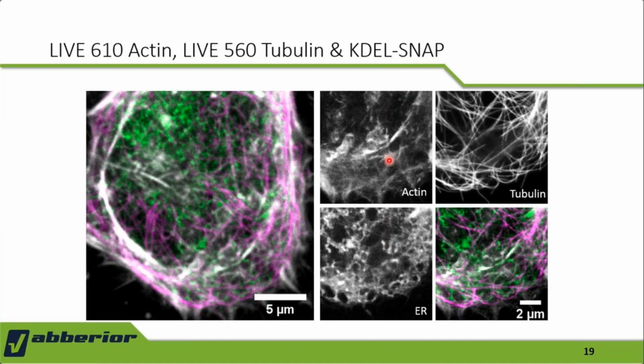So here in this close-up, you see the actin filament, the tubulin filament, and the endoplasmic reticulum, the ER, stained with these three fluorophores with a STED microscopy. That is the overlay.